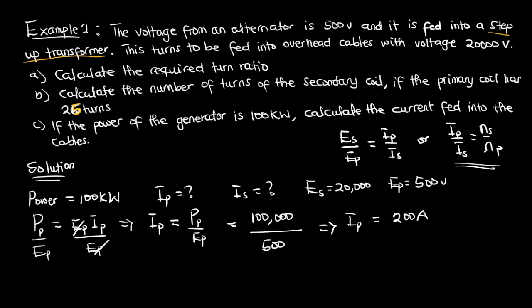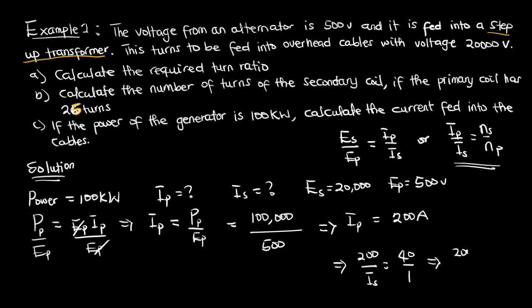So using this first, our IP, which is 200, so I have here 200 over IS, which I'm supposed to find, is equal to NS over NP. The NS over NP ratio is 40 is to what? 1. We've already established that. So therefore, this means that the 200 will multiply the 1 over here.